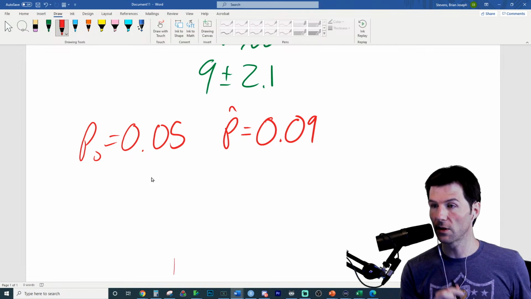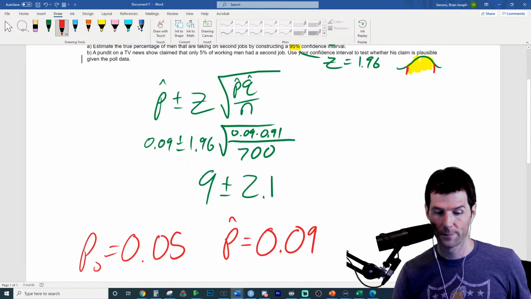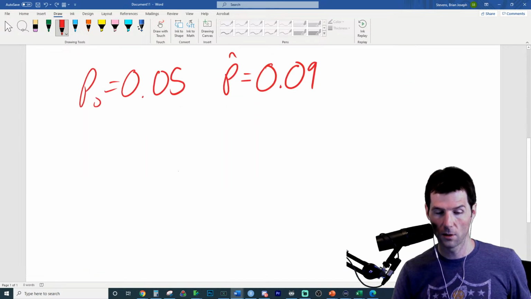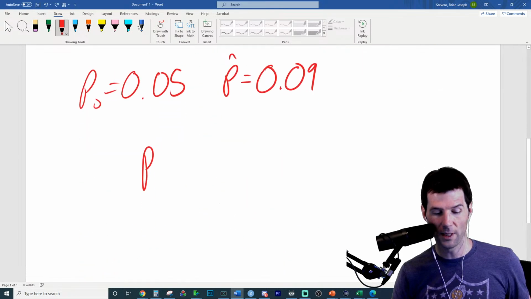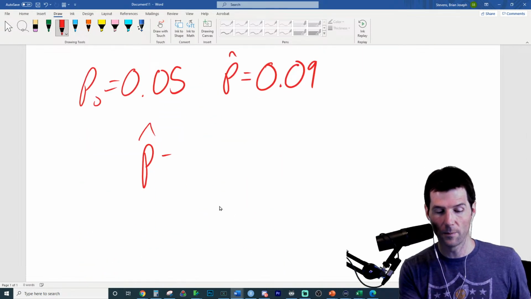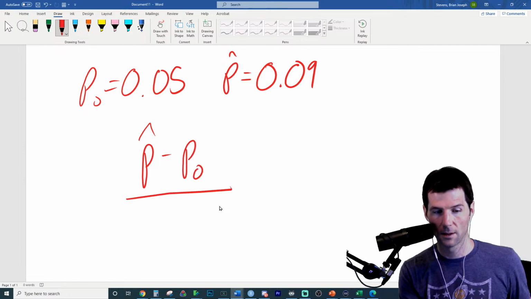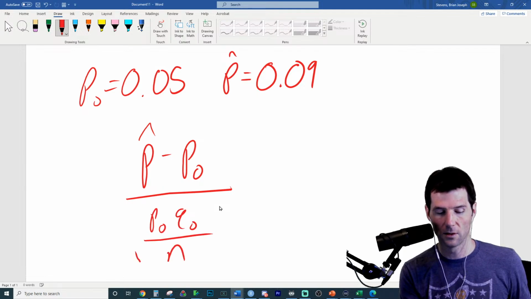So now we need to do the statistical test with P hat minus P naught, over the square root of P naught Q naught over N. We will get a z-score once again.